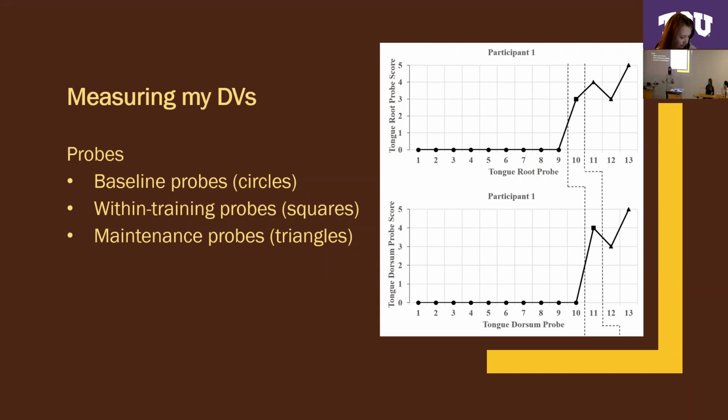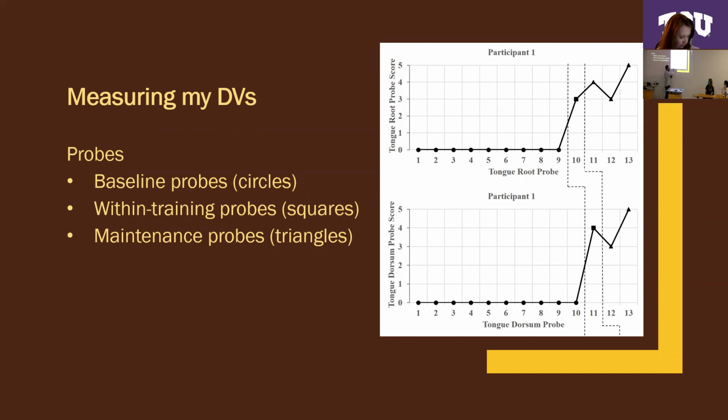Then tomorrow when you come, I'll give you the next tongue section. I'll give you other probes. And because today we trained tongue root, hopefully tomorrow you will have retained what you learned from today. So that's why I'm using baseline probes, within training probes, and maintenance probes.